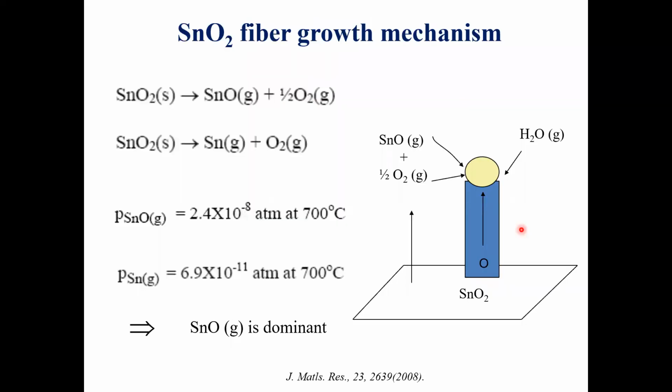So what is the mechanism for this fiber growth in the gold-catalyzed case? What we believe is that during the heat treatment around 720 degrees C, tin dioxide is actually creating tin monoxide vapor.